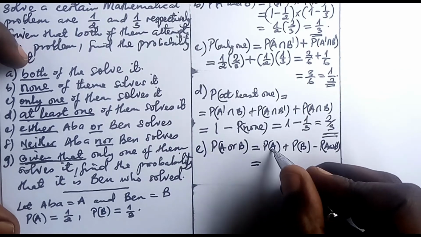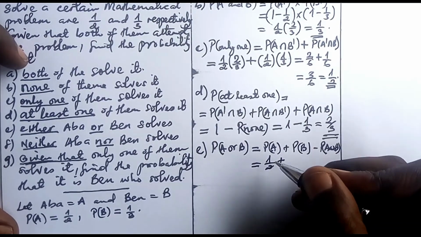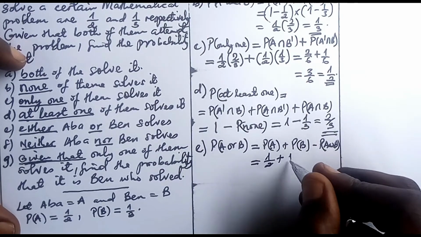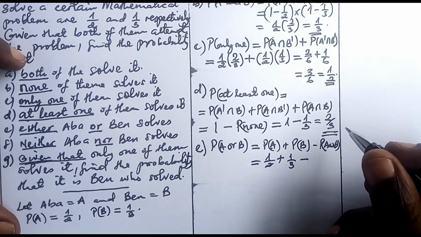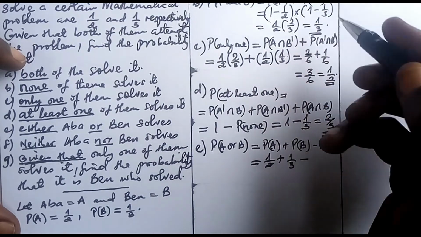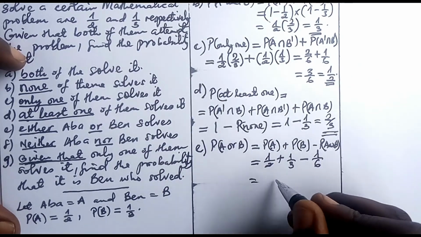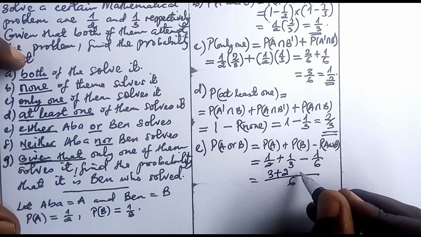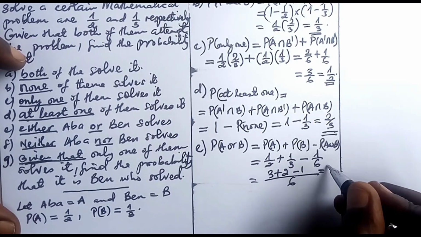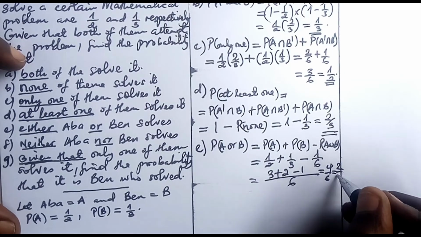So this gives P of A, which is half, plus P of B, which is 1/3, minus P of A and B, and P of A and B, we had it as 1/6, the product of the two. The LCM is 6, give 3 plus 2 minus 1, which is 4/6, which gives 2/3.